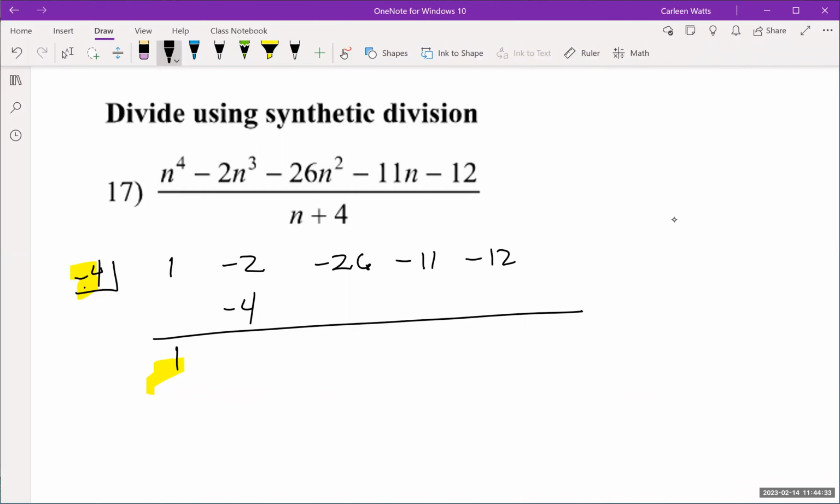Next step is add. Multiply. Yeah, do you see what I just multiplied? Does everybody see how I got that 24? Next step is add.